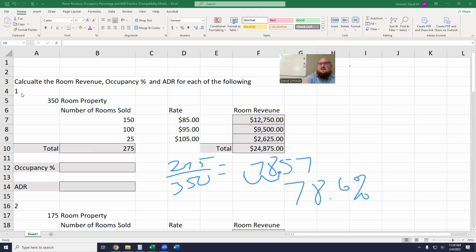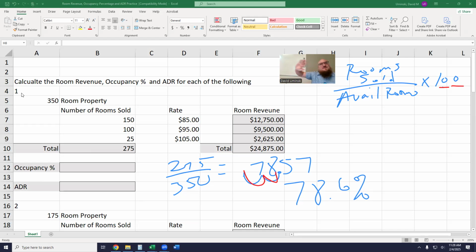So our occupancy is, if you want to look at it this way, rooms sold divided by available rooms, times 100. That 100 is just going to give you the whole number, 78.6%. Because there are 2 zeros in this 100, we move the decimal place over 2.